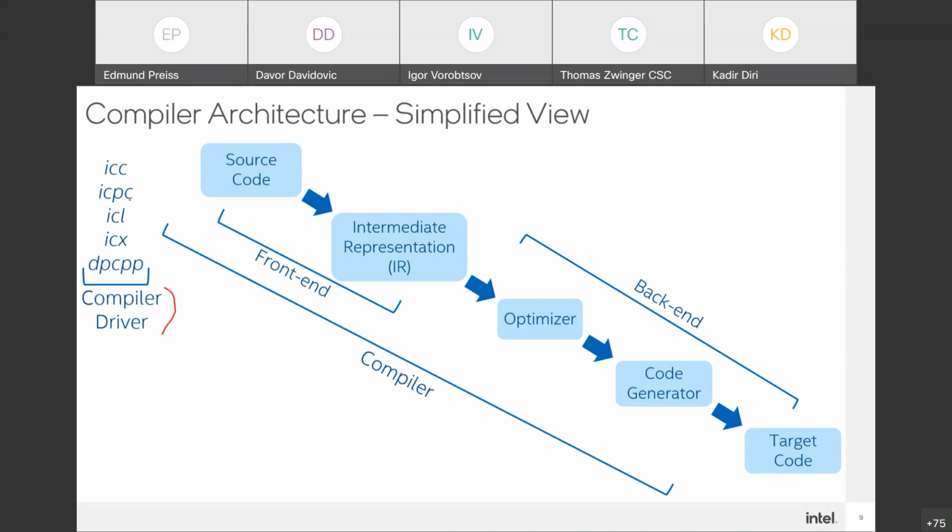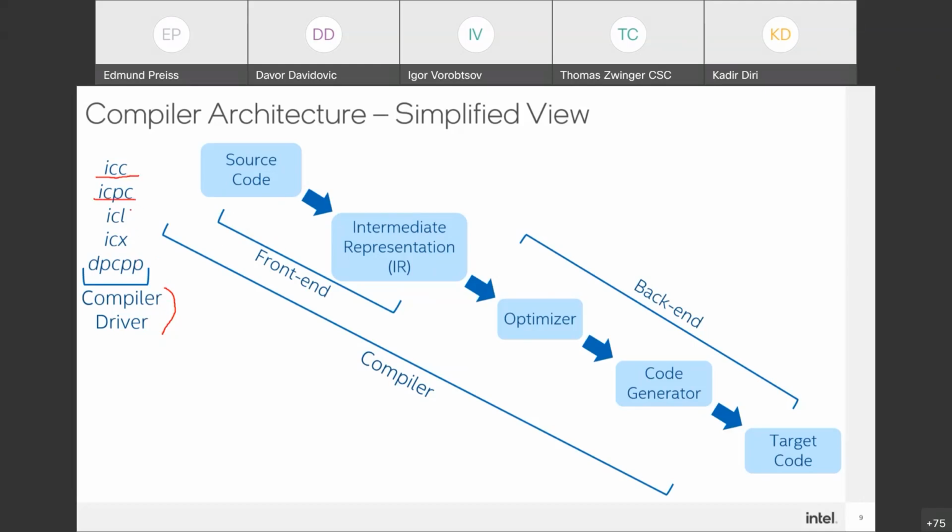That's the task of a compiler driver: to correctly parse all the options you are passing to the compiler, all the paths to the libraries, and to include headers, and to orchestrate the whole compilation process. So it may consist of many different stages actually. And that's why we have different compiler drivers. We have one driver for C code and another for C++ code.